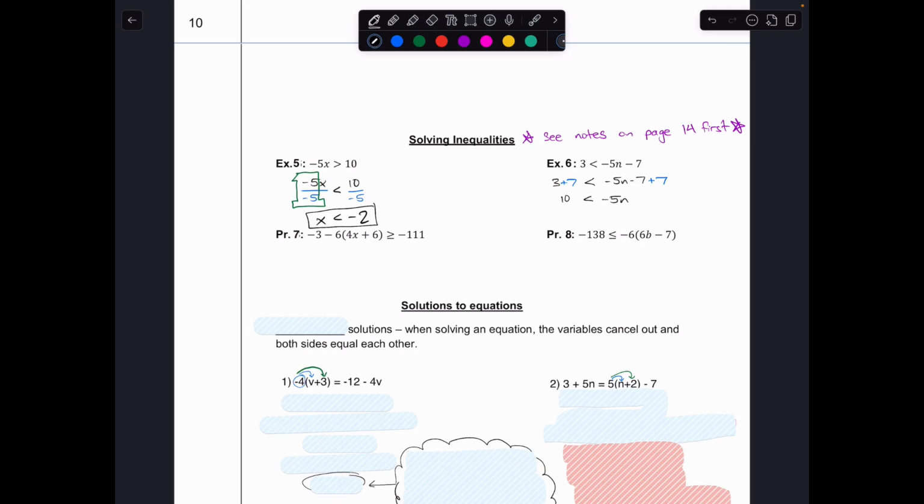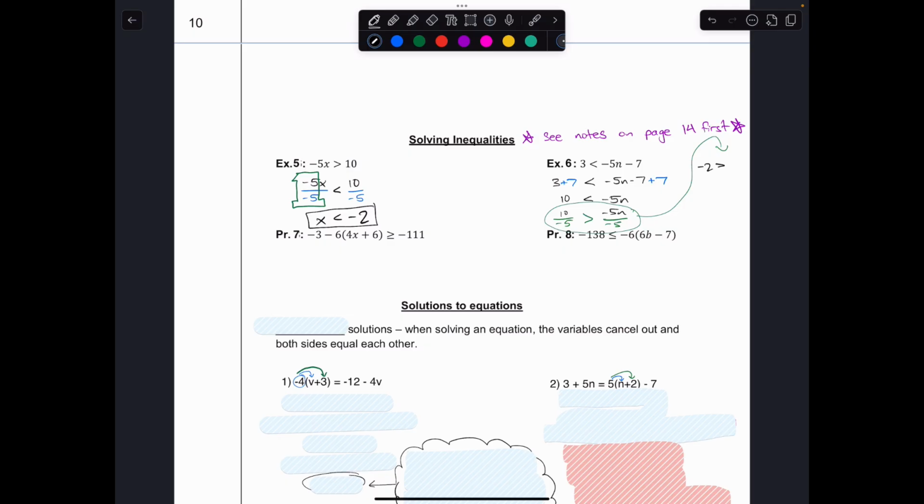Now we want to get n by itself, so let's divide by negative 5. We divided by a negative number, so the sign of the inequality has to change. It switches from less than to greater than. And then we're going to take this and simplify it one more time. 10 divided by negative 5 is negative 2.